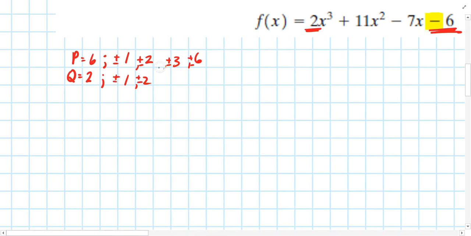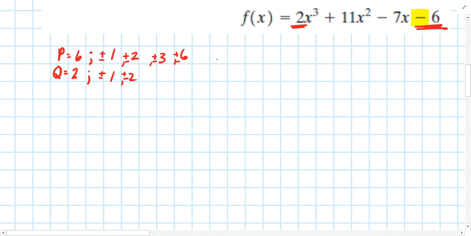So when we produce our list, before we're done, we should recognize that 1, 2, 3, and 6 are not the only factors of the number 6, but so are negative 1, negative 2, negative 3, and negative 6.